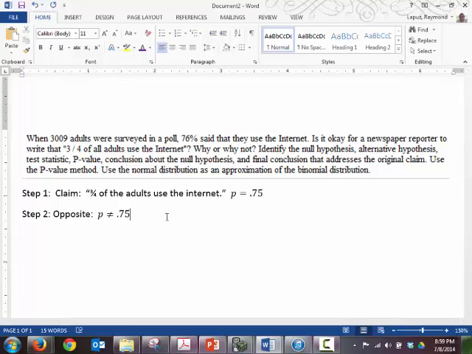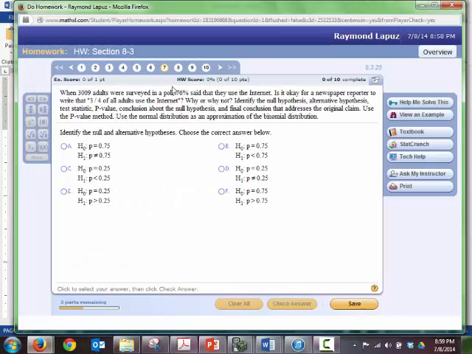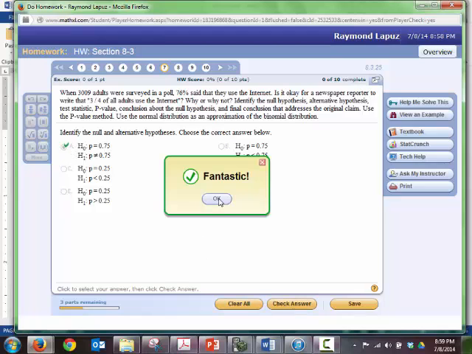Should we work with this, or should I find one that has a greater than symbol? What? New one? Okay. Scratch this. Let me just check. Should be A, right? Fantastic.